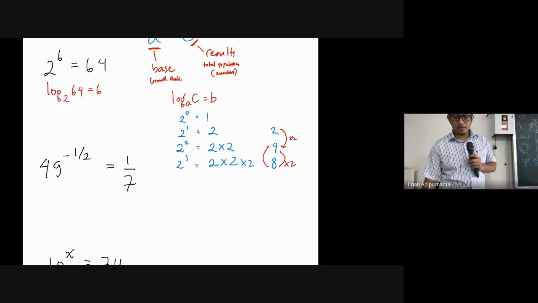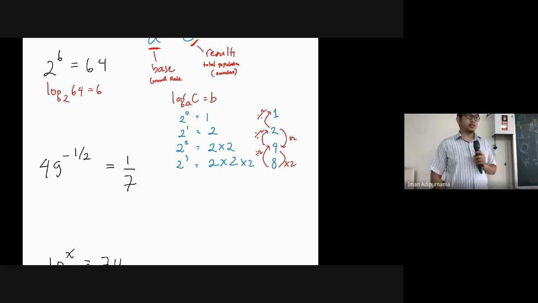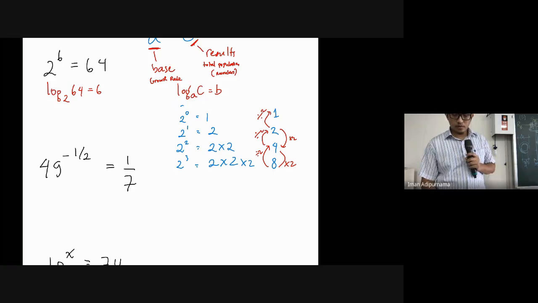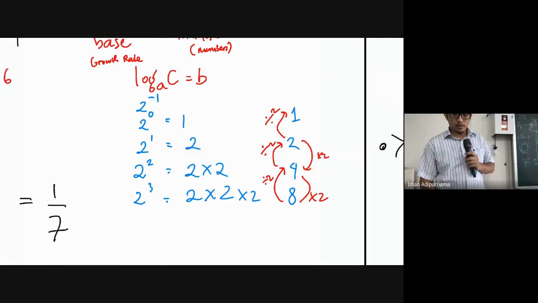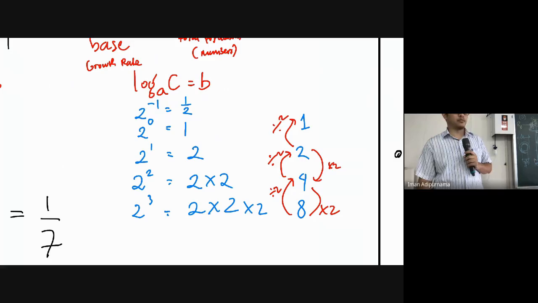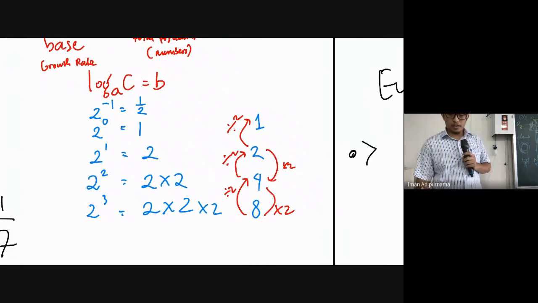But when you go up, you divide by 2, and you divide by 2. That's why it becomes 1. And when you go up one more time, like negative 1, it becomes 1 over 2. Why? Because going up, it's divided by 2. Easy to follow?